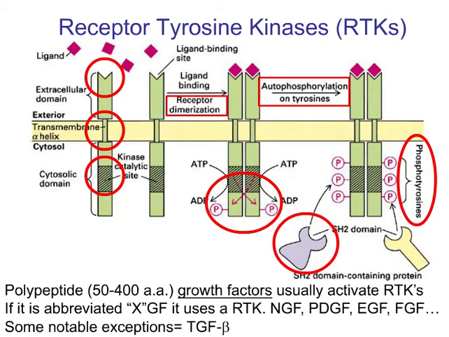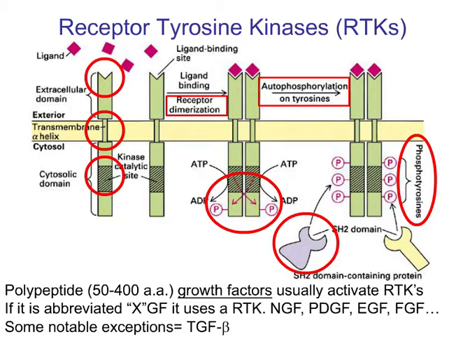Polypeptide proteins, usually larger than 50 amino acids, that function as growth factors to stimulate cell proliferation usually activate receptor tyrosine kinases. If the abbreviation for the hormone or growth factor has GF in it, it usually functions through a receptor tyrosine kinase mechanism.